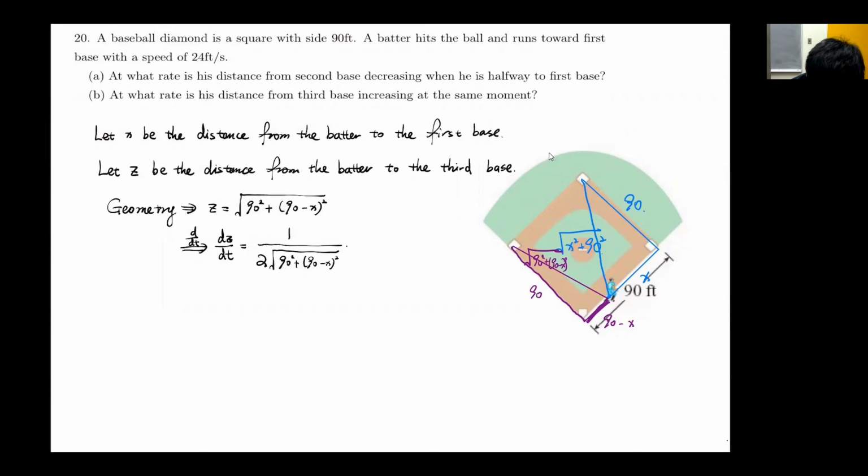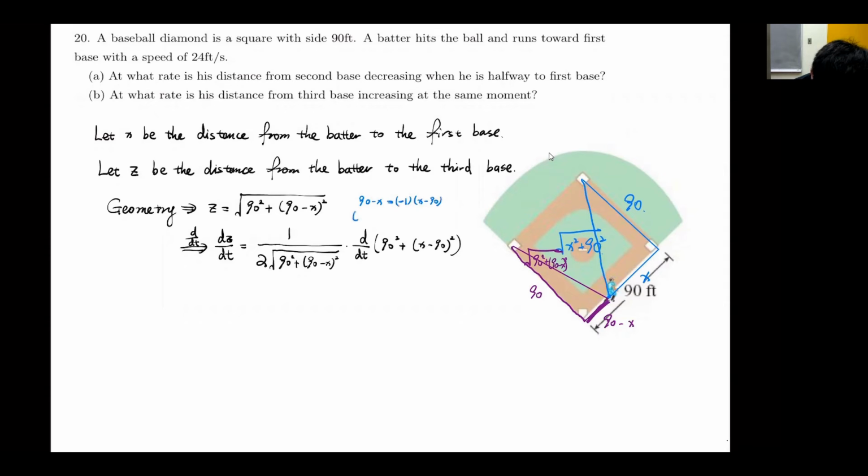Then I need to take the derivative of 90 squared plus, so I will rewrite 90 minus x squared as x minus 90 squared. I am allowed to do so because 90 minus x itself is minus 1 times x minus 90.